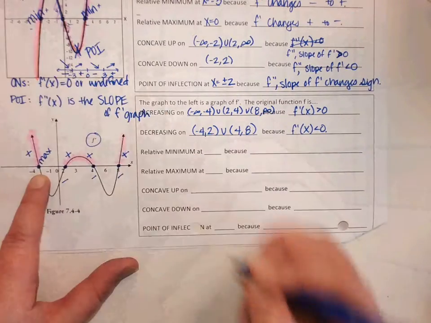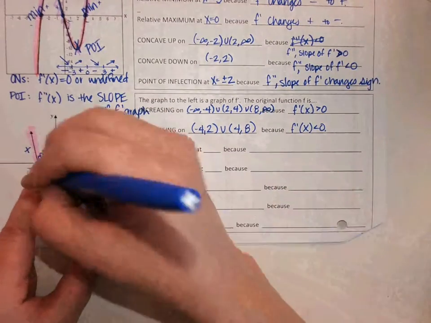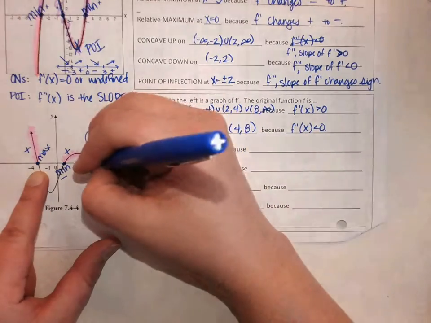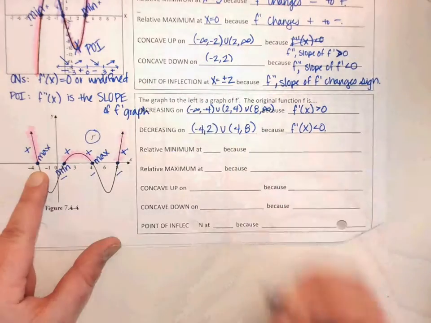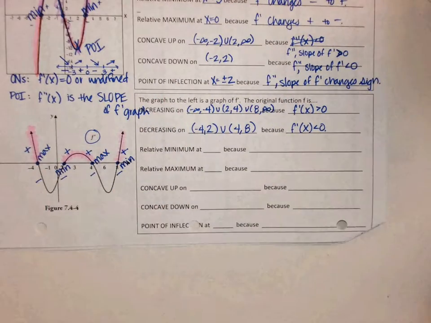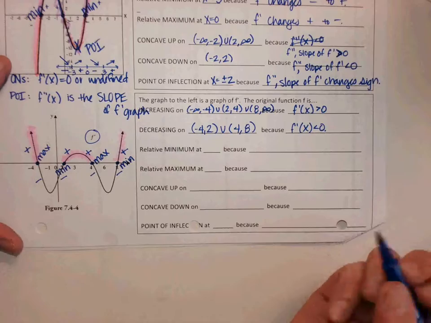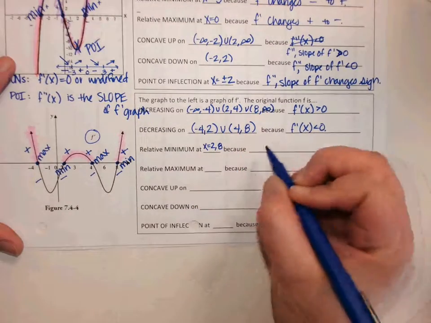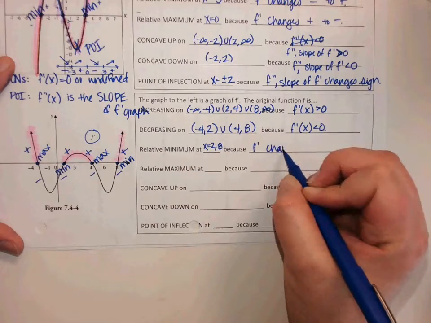Max. 2, what is it? Min. 4, what is it? Max. 8, what is it? Min. Then I would say I have mins at 2 and 8 because f prime changes from negative to positive.